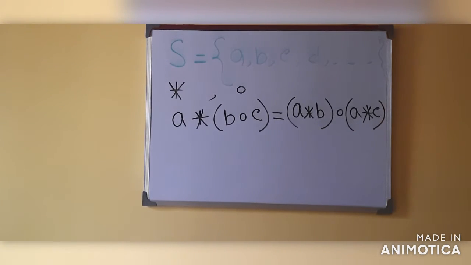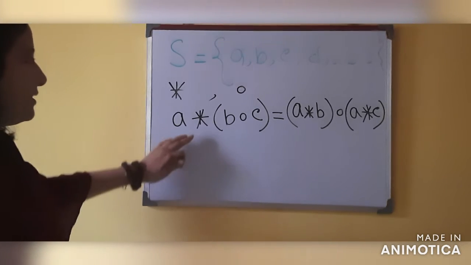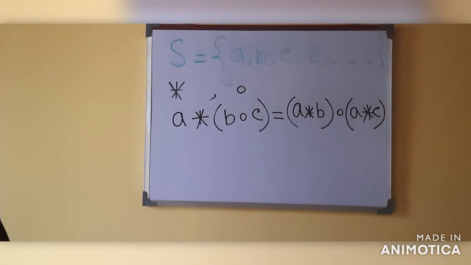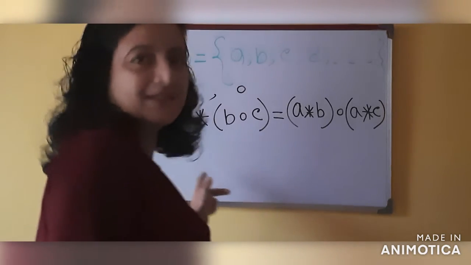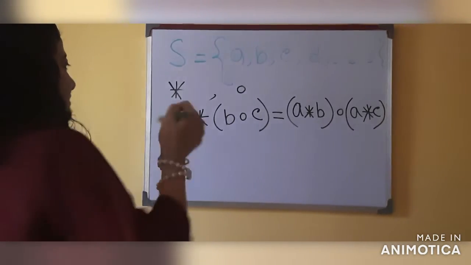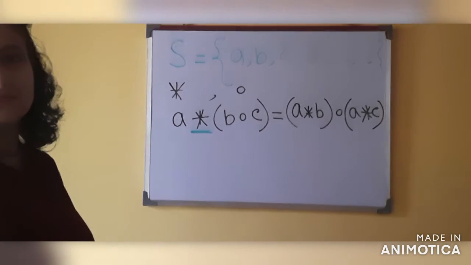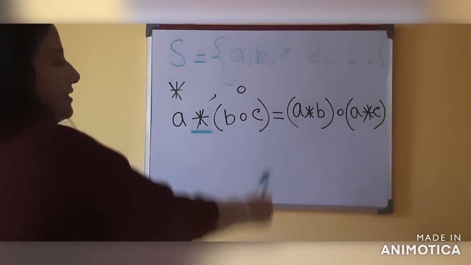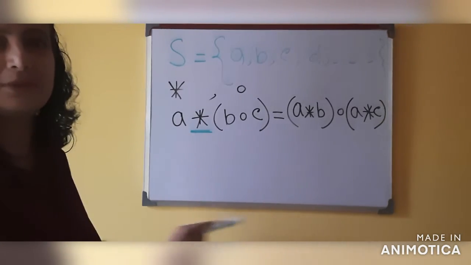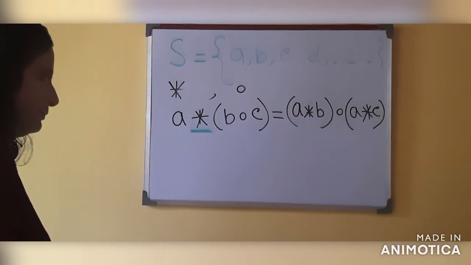So what is going on here is that if this operation, what I have denoted with asterisk sign, is commutative, then clearly we can say that it will hold, the right hand side equal to left hand side.